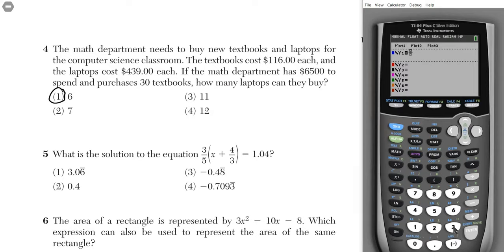So I'm going to put y1 equals left side. y2 equals right side.